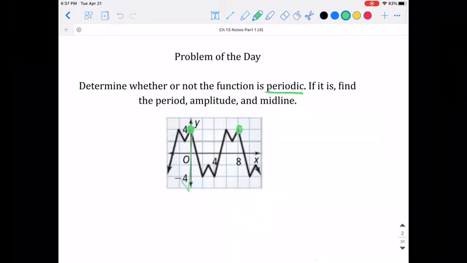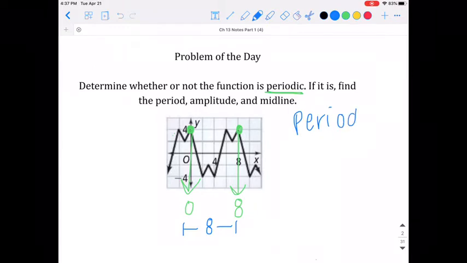So here we're at the x value of 0, here we're at the x value of 8, which means that our period, one full cycle, is going to be 8 units. So the period is 8.